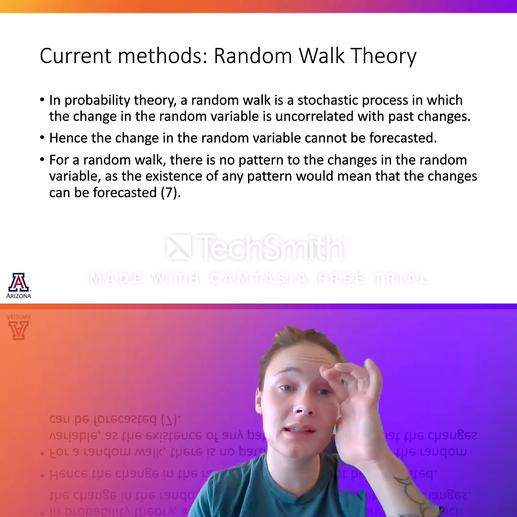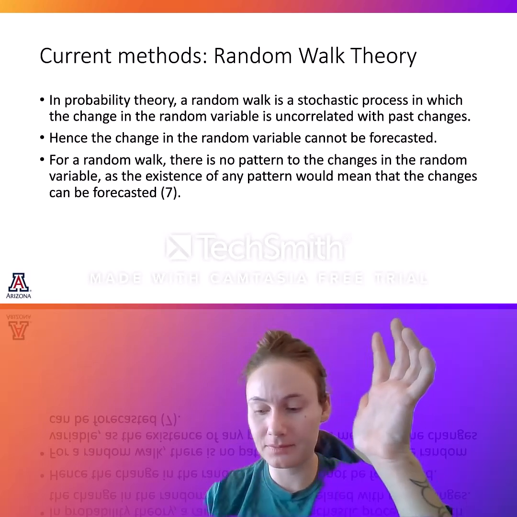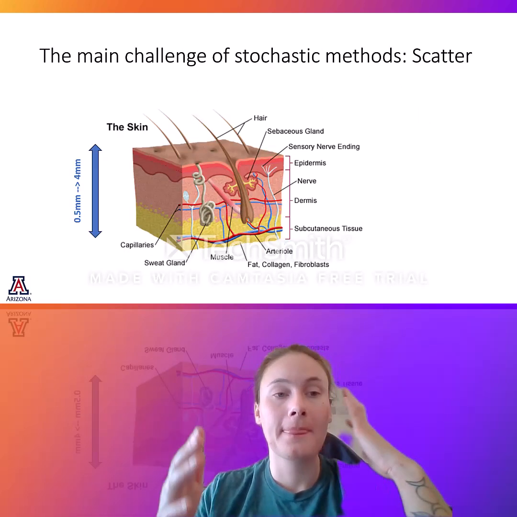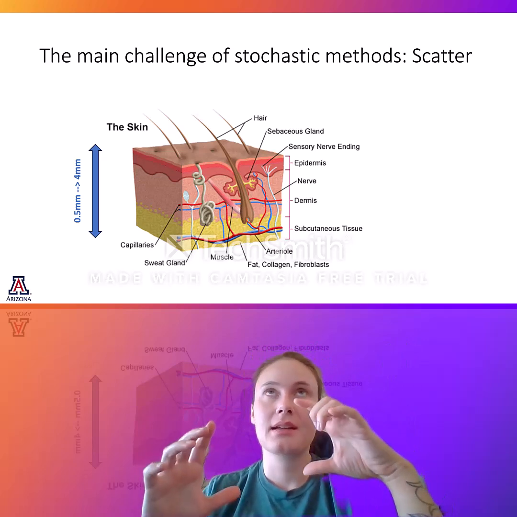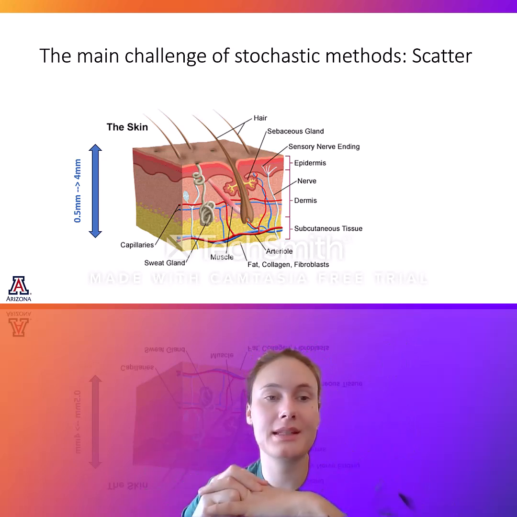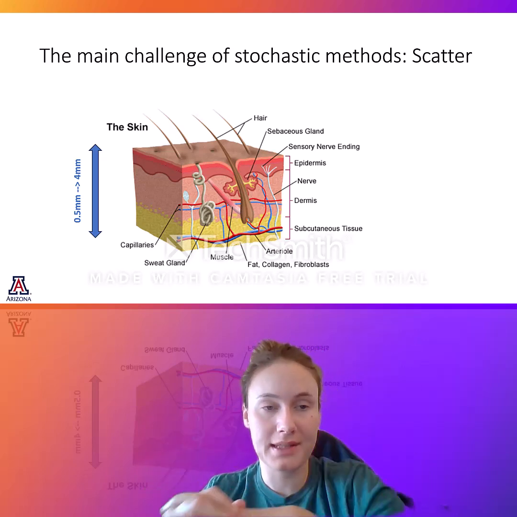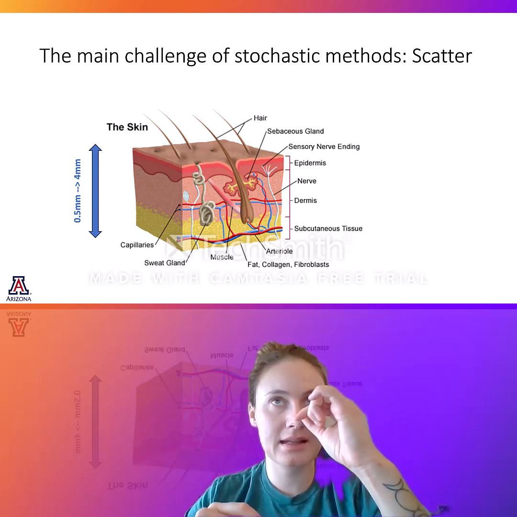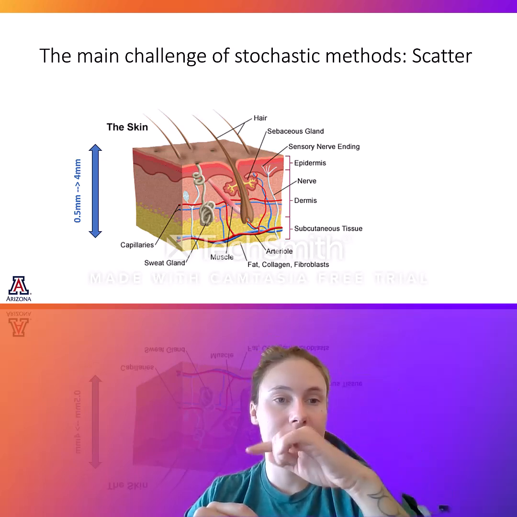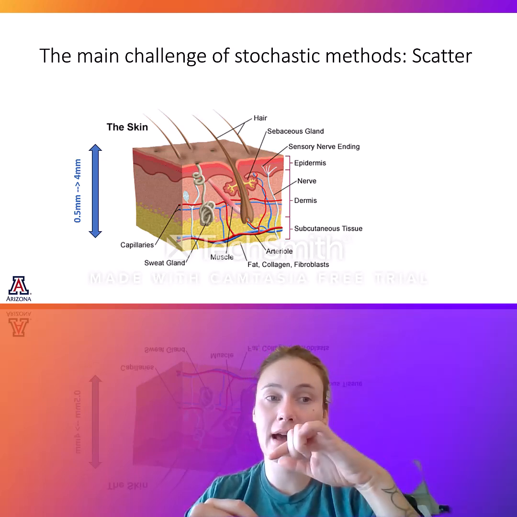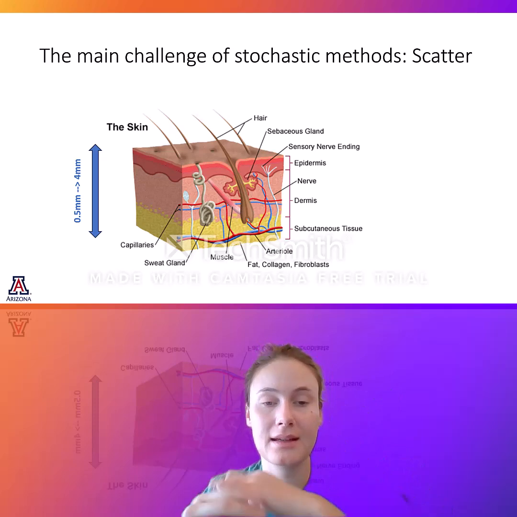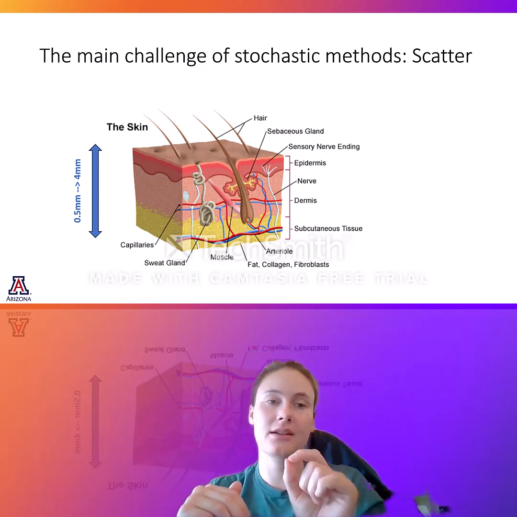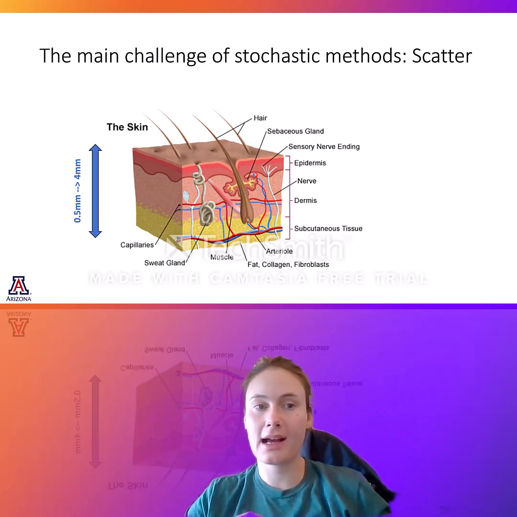Essentially, this is great for going back to that tissue sample. This is great for what we're looking at here because our photon is going to take a random walk through the sample. It's going to come in through the skin, and then it's going to scatter off of different obstacles in its way, and each way that it scatters cannot be predicted or forecasted.